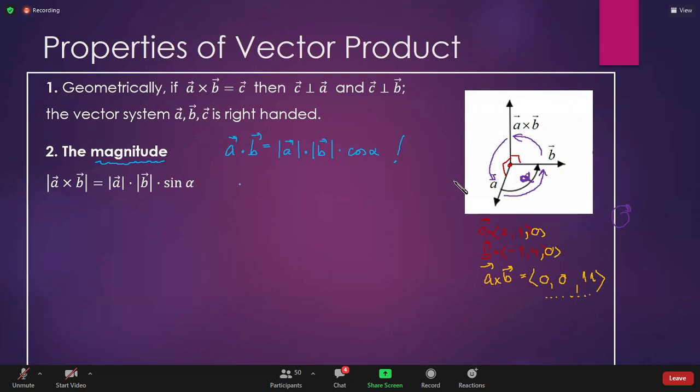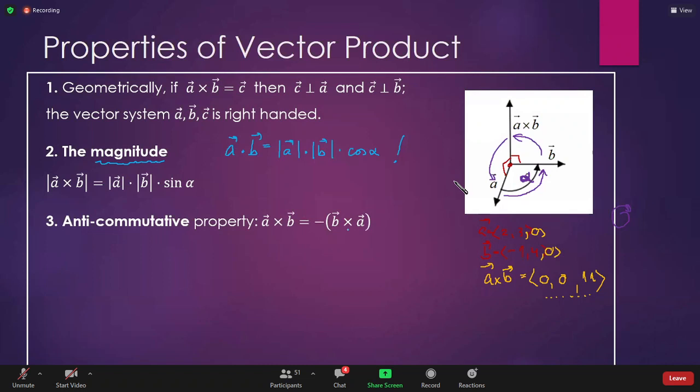But the idea of changing sign is the anti-commutative property. If I have vector A times vector B, it is exactly the opposite of vector B times vector A. So if A times B is C, then B times A is minus C. If you simply swap the two vectors, B times A, you get the opposite determinant.